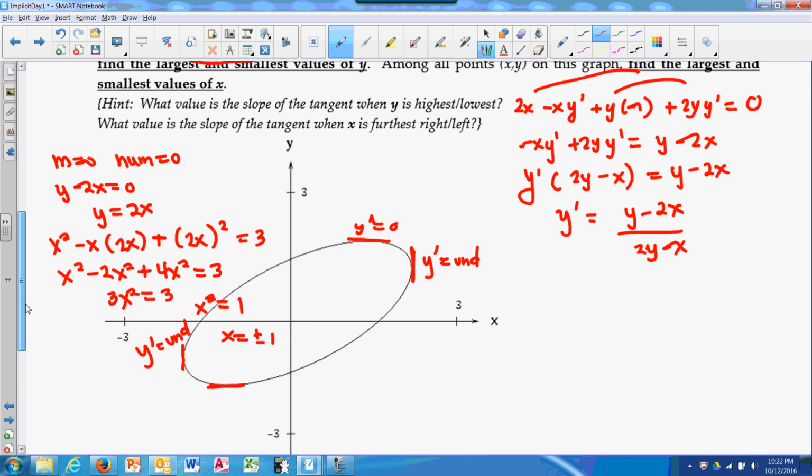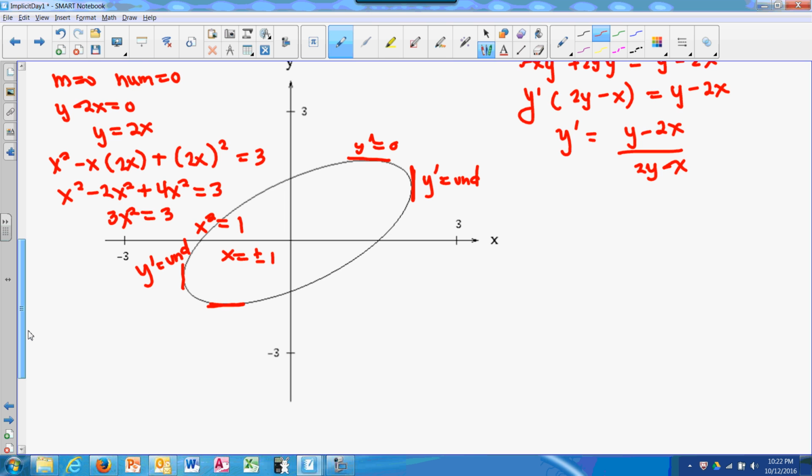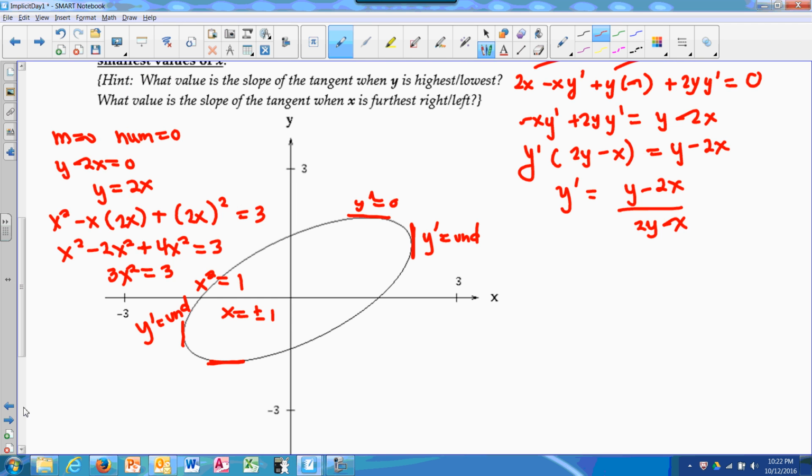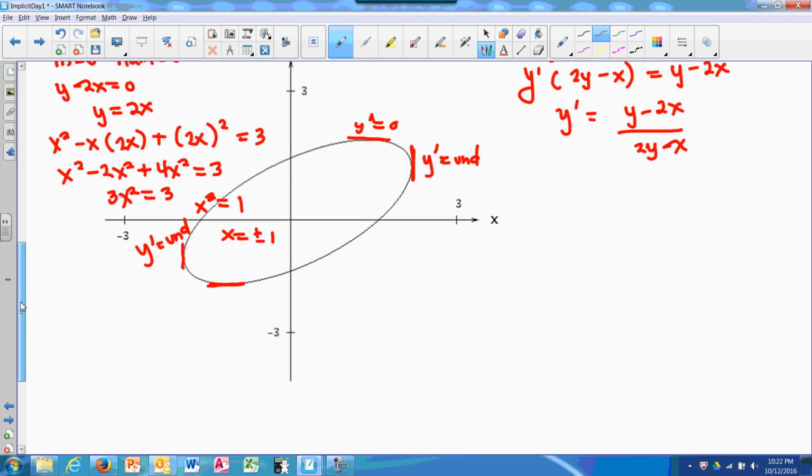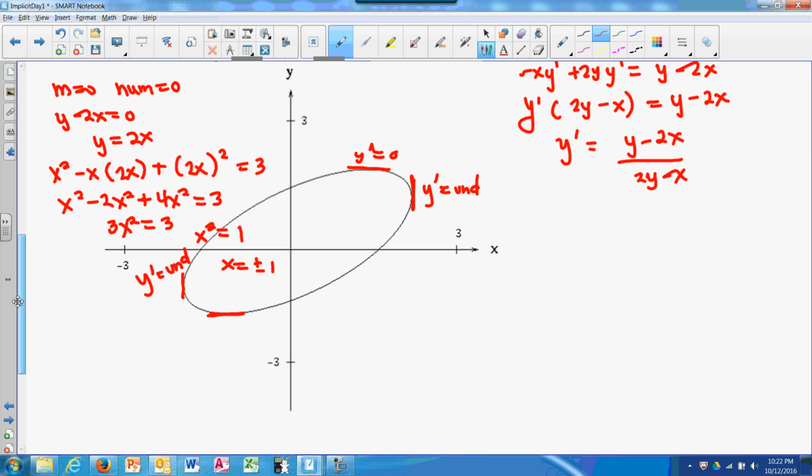I still need points on the curve. But we don't have to go all the way back to the original curve. We already have a requirement for these points. We already knew that y had to be 2x for the horizontal slopes. So if x equals positive 1, y equals 2. If x equals negative 1, y equals negative 2.